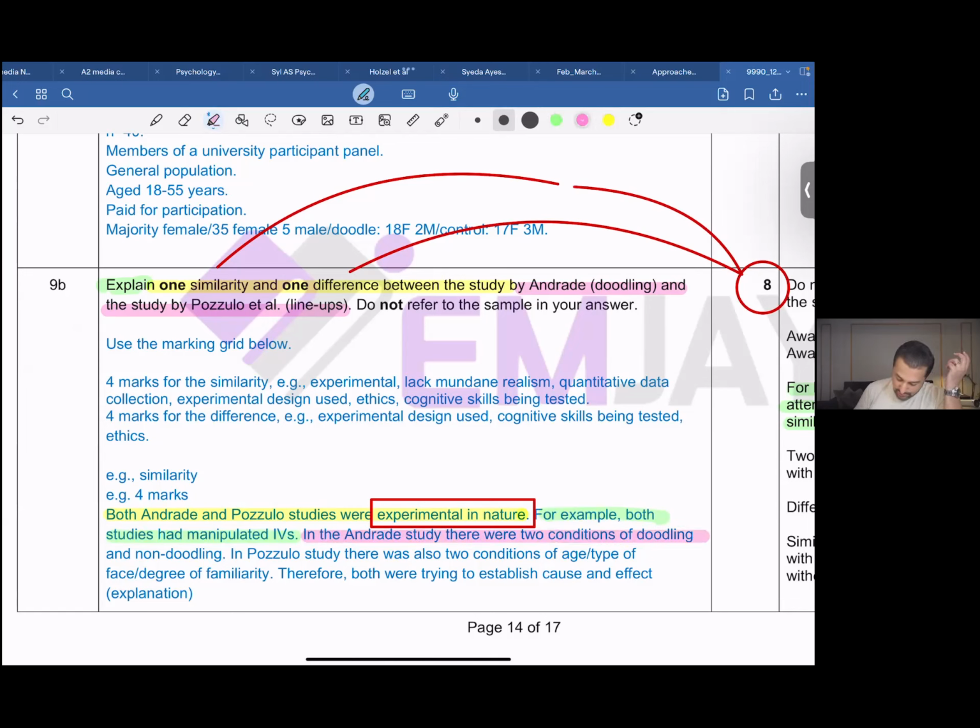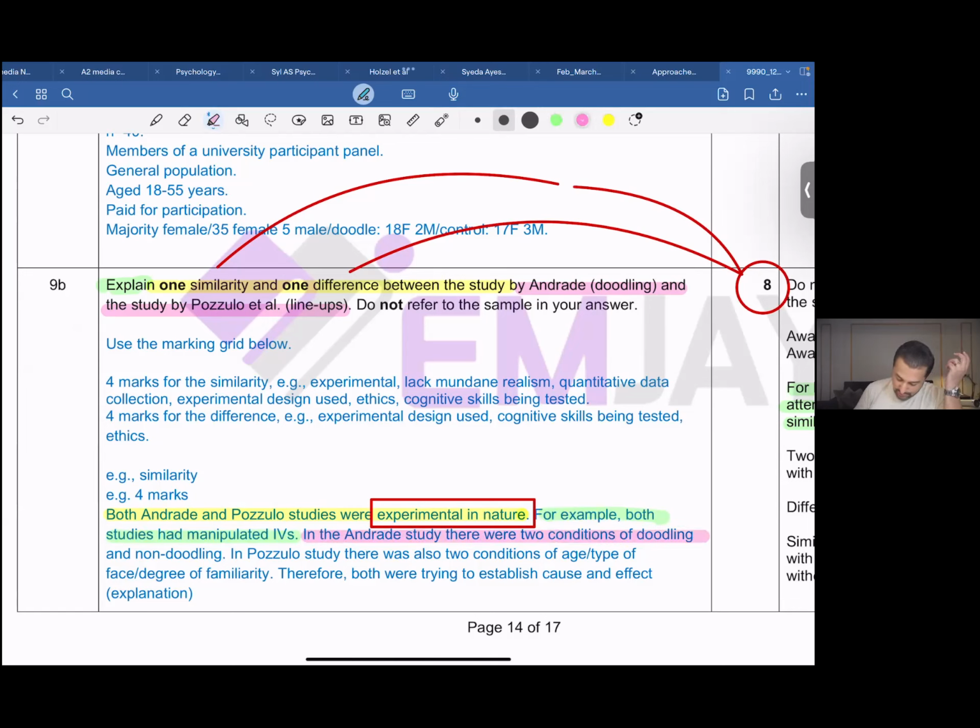And the 4th mark, in Pozzolo, there were also 2 conditions of age type. Therefore, this additionally could be a good way to end it. Therefore, both were trying to establish a cause and effect relationship. So this is the format that you could use to be able to score 4 and 4, 4 and 4 for similarity and 4 and 4 for differences.